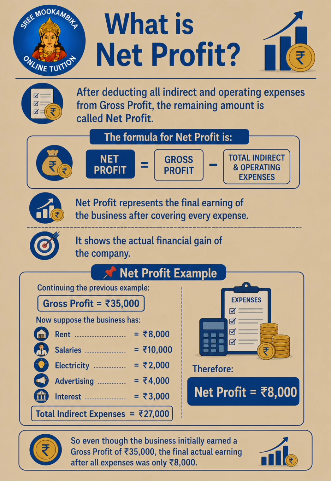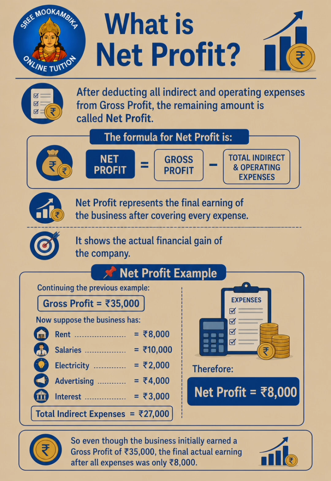Gross profit is equal to 35,000 rupees. Now suppose the business has rent equal to 8,000 rupees, salaries equal to 10,000 rupees, electricity equal to 2,000 rupees, advertising equal to 4,000 rupees, and interest equal to 3,000 rupees.